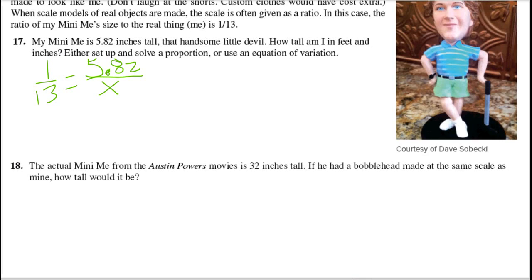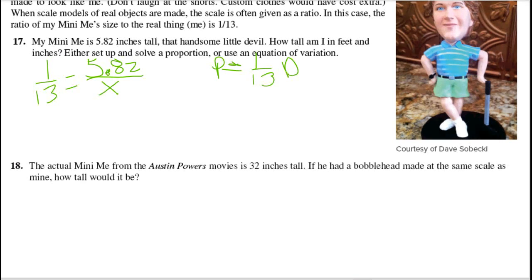So the equation 1/13th, that means whatever the person's height is. So whatever is on the person equals 1 over 13 times the doll, the bobblehead doll.